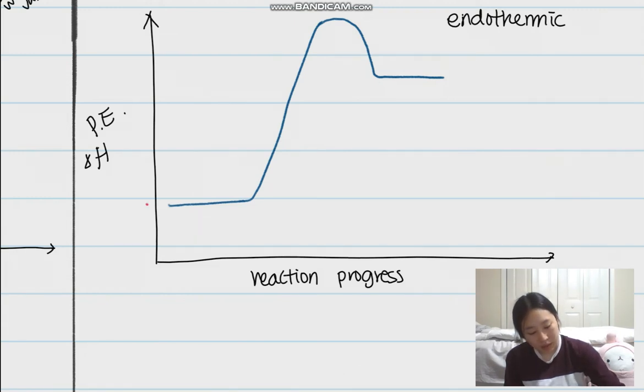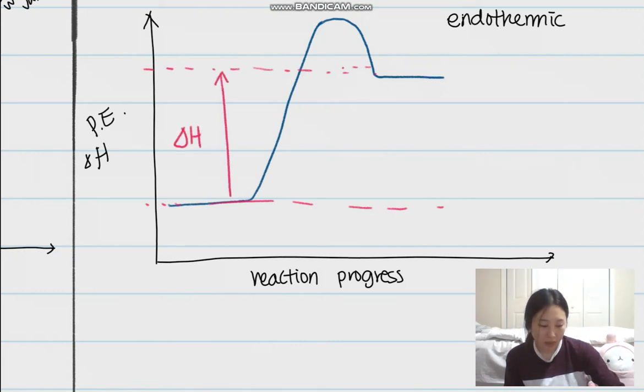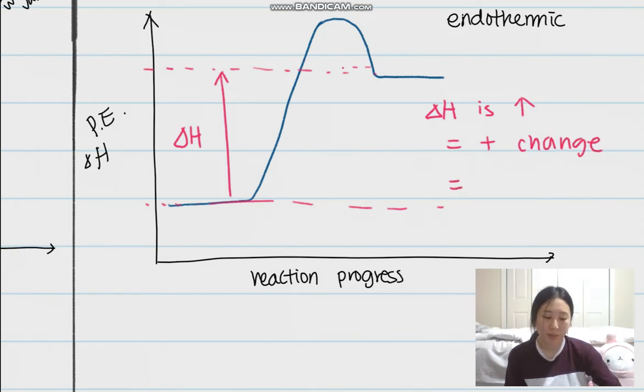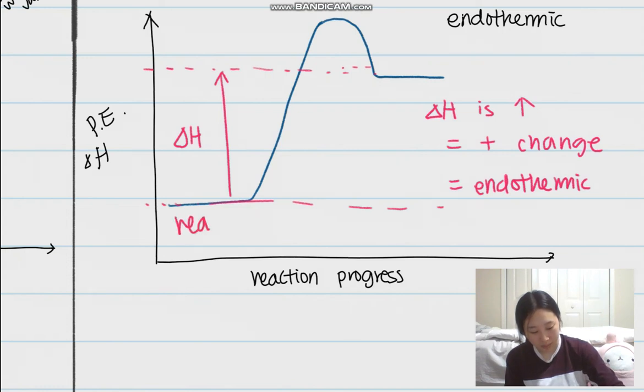Because your delta H is going up, which means it's positive, we call the positive delta H change endothermic. Oh, I forgot to label these. So reactant, product.